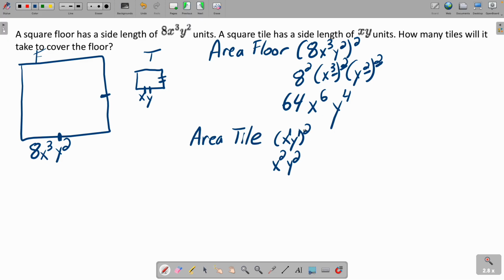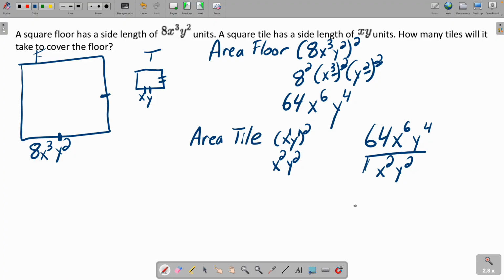Once you know the area of the whole floor and the area of the tiles, you would want to divide them to figure out how many tiles you can fit. So we're going to be taking 64 x to the 6th, y to the 4th, divided by x squared, y squared. There's no number technically, so there's a 1 here.